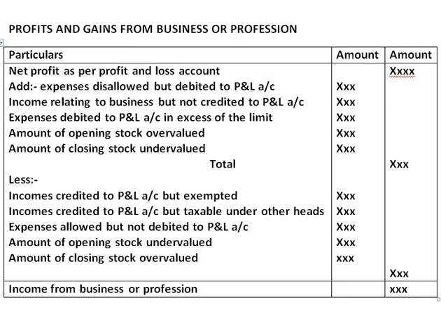You need to remember certain adjustments that are to be made in the net profit. Certain things we have to add in this profit. Number 1, expenses disallowed but debited to P&L account. There are certain expenses which are not allowed, but if those expenses are debited to P&L account, we have to add back those.